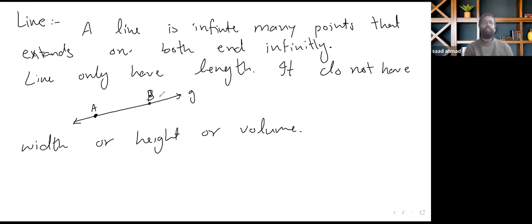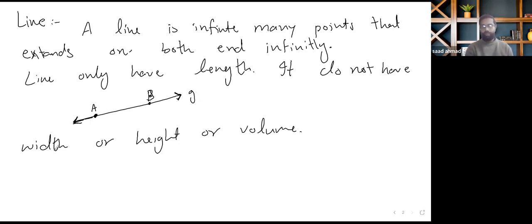It just has length. It extends on both ends infinitely. It never stops. These arrows represent that it's extending to infinity.